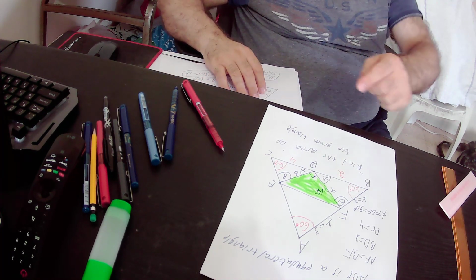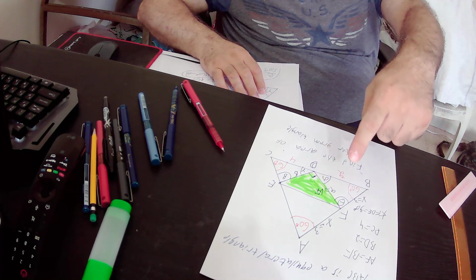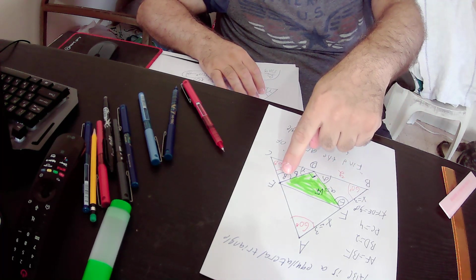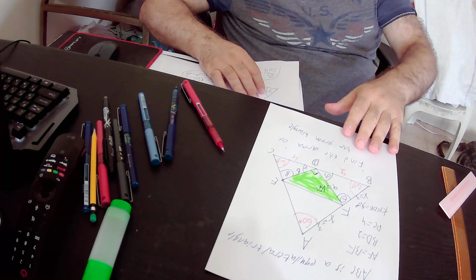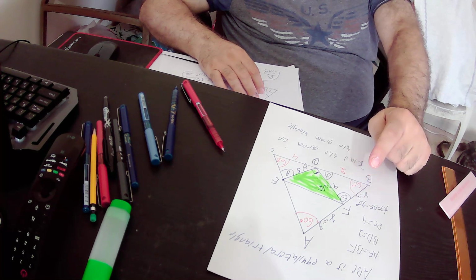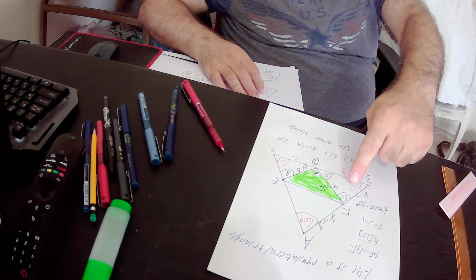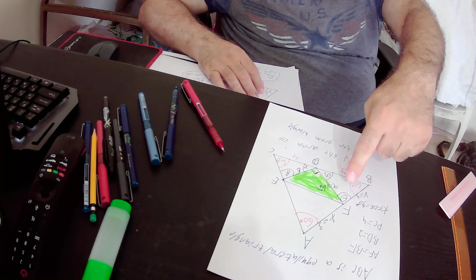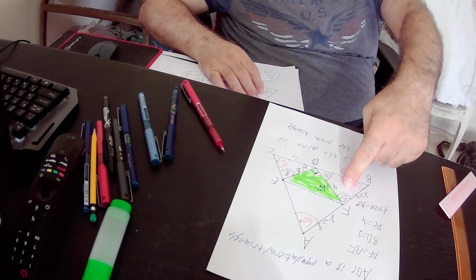Then we define this angle as alpha, this angle as theta, this angle as gamma, and this angle as beta. We know that the sum of the angles in any triangle is 180 degrees, and especially the sum of the angles in triangle BFD equals 180 degrees.